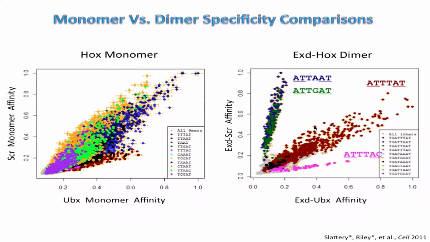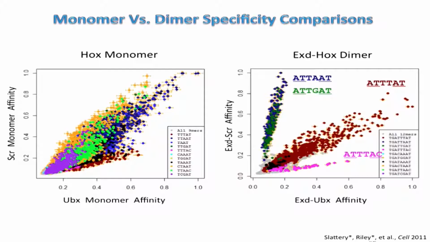For this magenta line, all these 12-mers had the same ATTTAC core sequence, and that's the color magenta. Where you are on this line is totally dependent on your flanking sequences. Your flanking sequences highly modulate where you are on the line and your relative affinities, but they don't determine what line you're on.